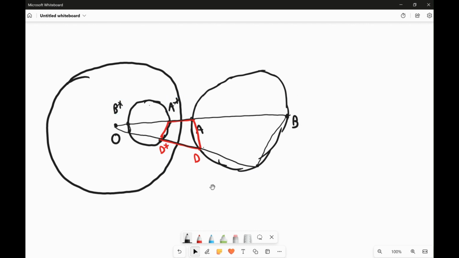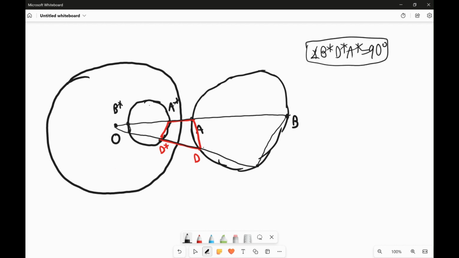And we claim that the circles with diameter AB and A star B star invert to each other. And to see why, we pick a point D here, and we let D star be the inverse. And what we want to show is that angle B star D star A star is equal to 90 degrees. That's what we want to show.